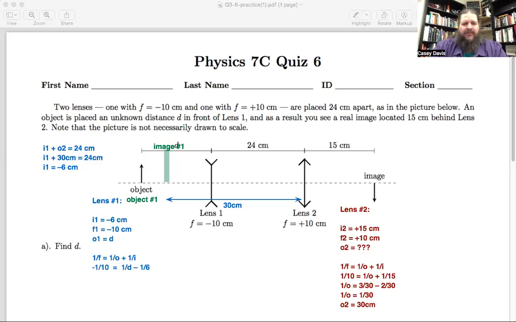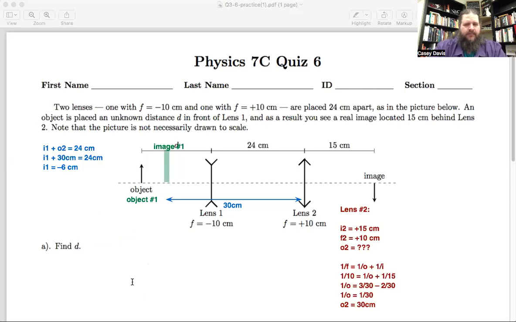And then how would we isolate D here? You add 1/6 to both sides. Yeah, so 1 over D equals +1/6 plus -1/10. And what common denominator would work there? 30.